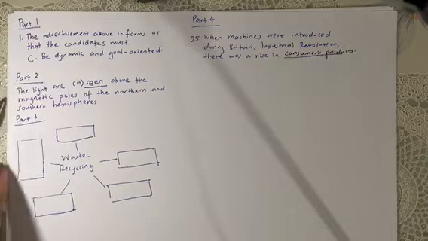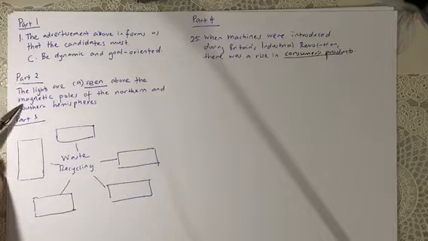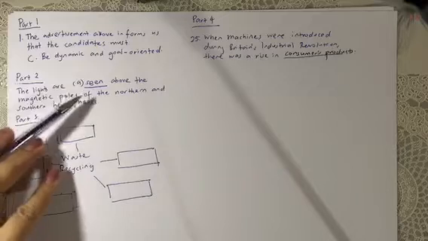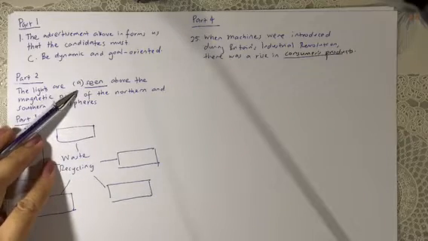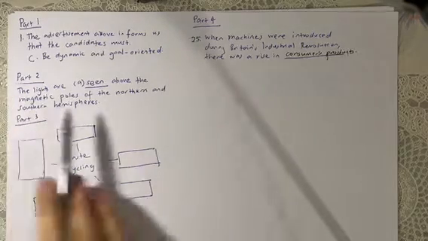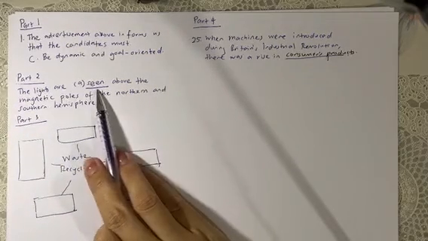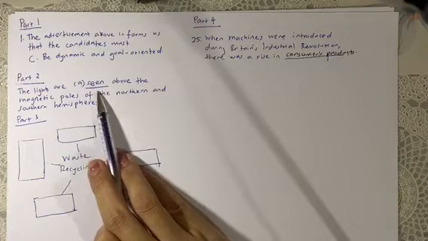For part 2, tulis atau salin ayat yang awak dapat salah, ayat untuk soalan yang awak salah. For example, number 9, you get number 9 wrong. Write down the entire sentence. Underline the correct answer or please use a different pen color.